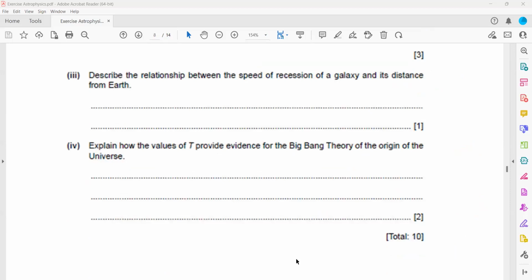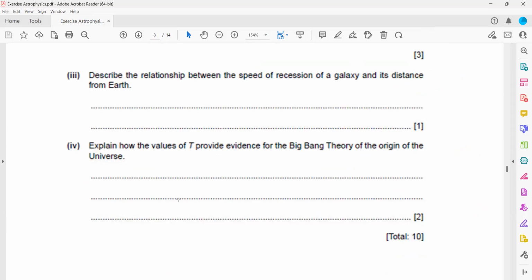So how do you write the answer for this, how do you score 2 marks? You will mention that these time intervals are all the same, which shows that all these galaxies were initially together, but then it exploded. Everything was 1 point in the beginning.